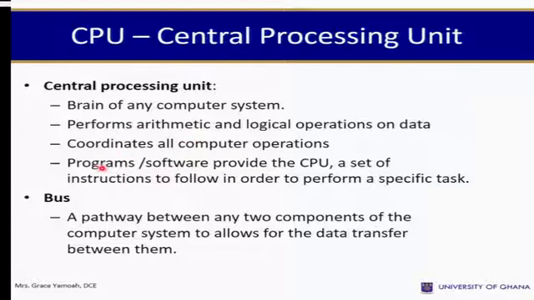Then in the central processing unit, we have what we call a bus. The bus is just a pathway between any 2 components where the fetch operations, the decoding operations, and all take care of. This bus also has its basic units and distinctions.